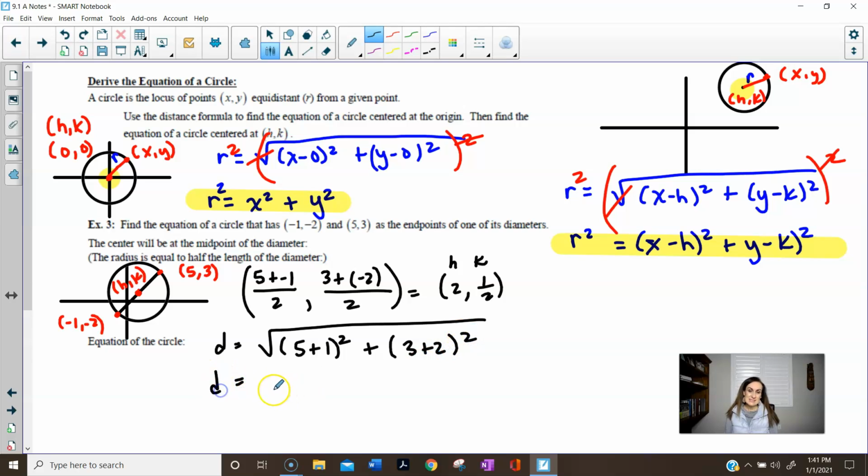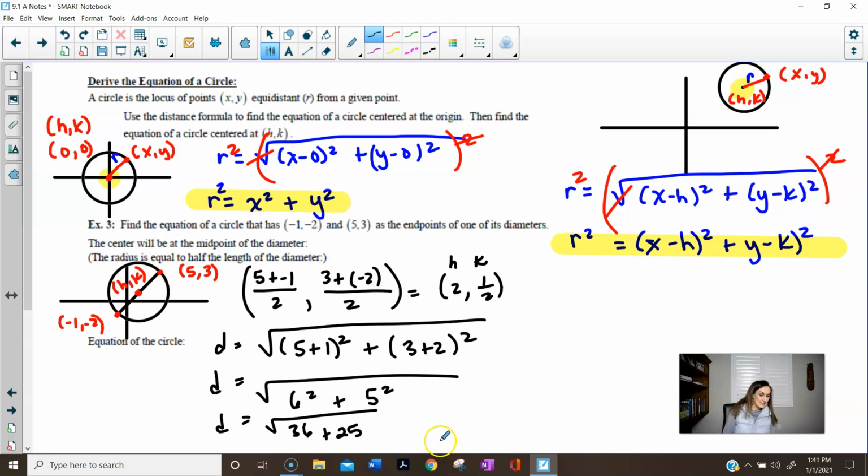So the distance of this diameter is going to be the square root of 6 squared plus 5 squared. And that's the square root of 36 plus 25. And that's going to be the square root of 61.